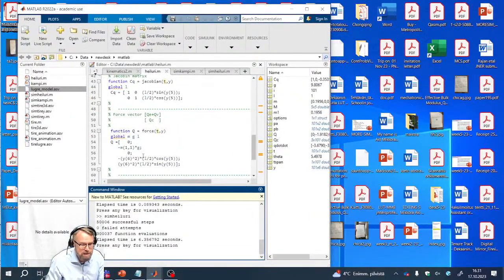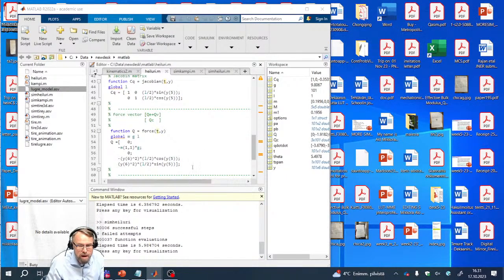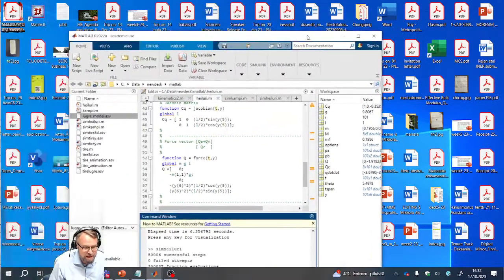Okay, let me try again. Ready? Where is this window? There's another screen. It's 90 seconds.